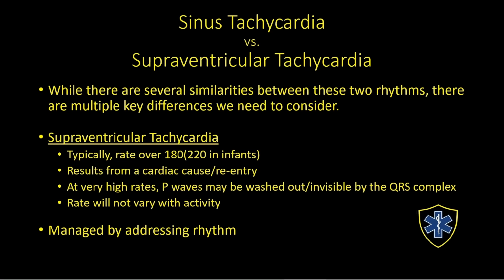Now, at some of the very highest rates, we may not even be able to find P waves in there because the P waves will be washed out, made invisible by the QRS complex. A key differential is this rate will not vary much with activity because it's not trying to compensate for anything, so the activity won't cause it to change. So the rate will stay consistent whether they're laying flat, sitting up, or standing up.